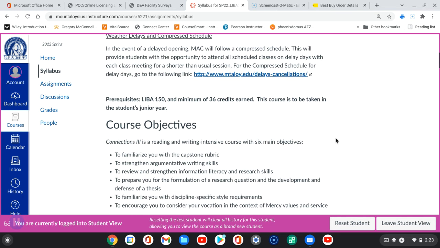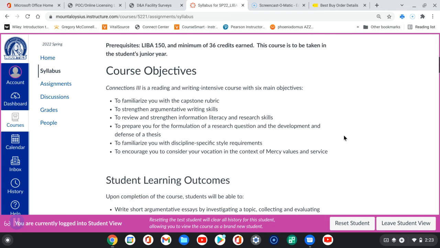Okay. Prerequisites for the course are LIBA 150 and a minimum of 36 credits earned. Typically, this course is to be taken in the student's junior year.